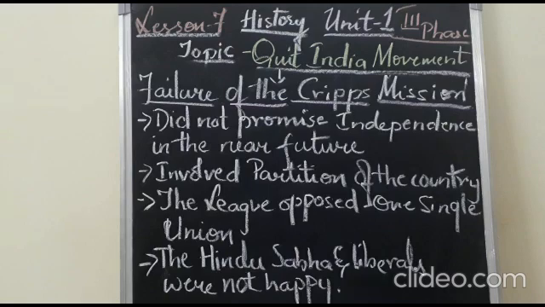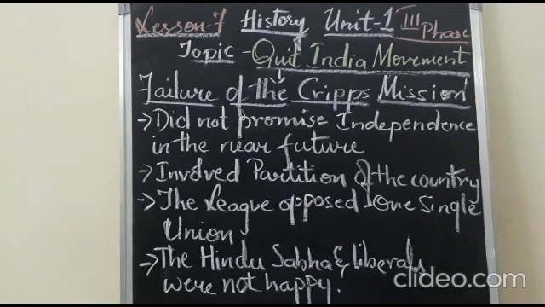The proposal did not approve or assure of a separate state called Pakistan. The Hindu Mahasabha and the liberals were against the right of the states to break away from the Indian Dominion, as it would affect the national unity and security.